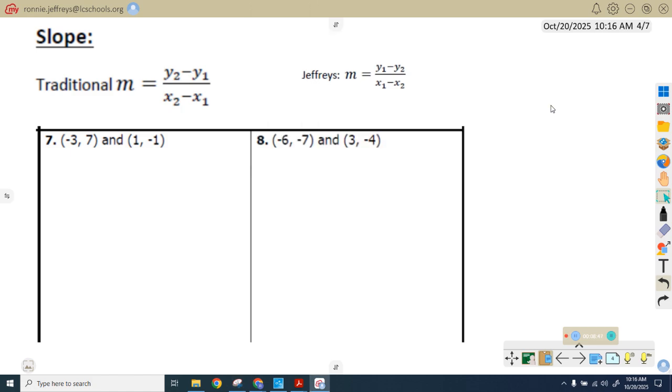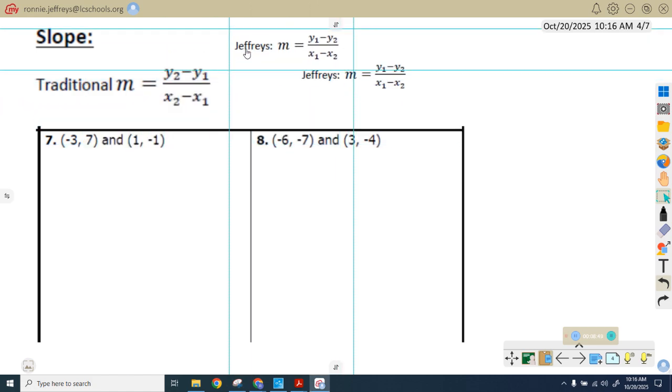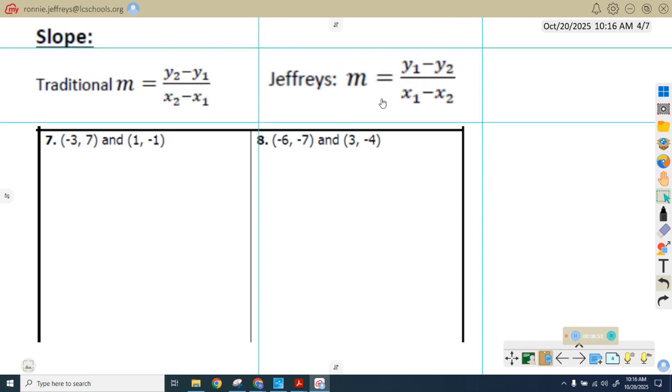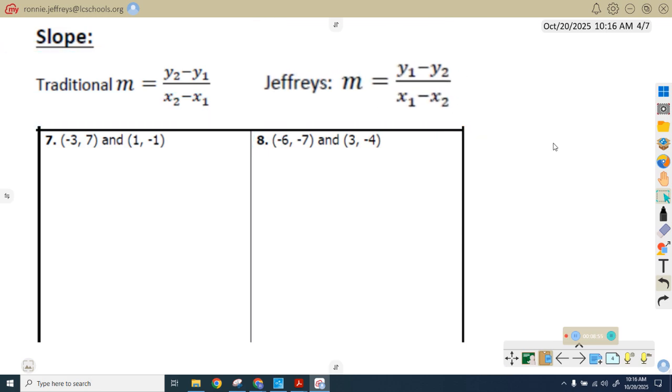Now, I've had people tell me for a long time that my method doesn't work. Actually, you get the same answer. You get the same answer either way. My Algebra 1 teacher counted my homework wrong because I did it my way instead of the traditional way.